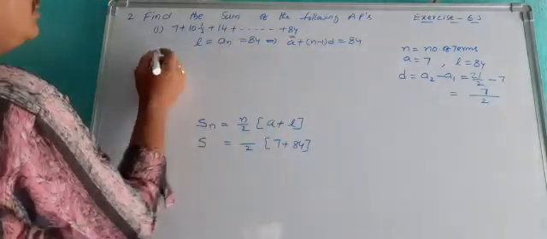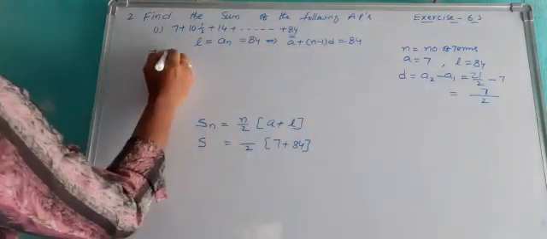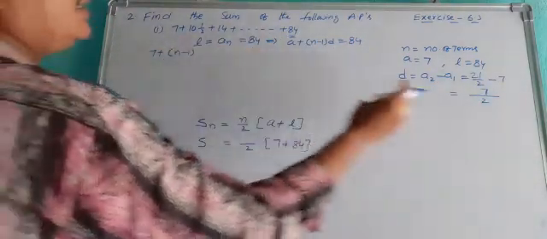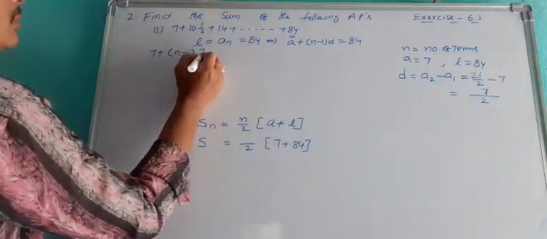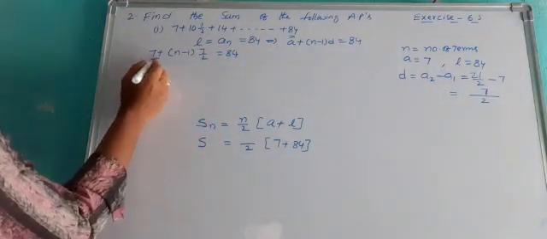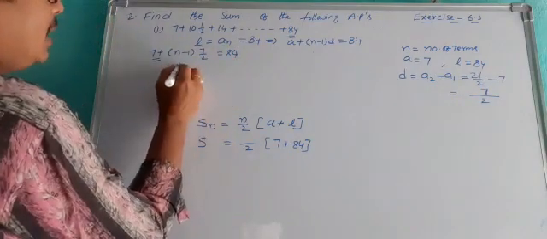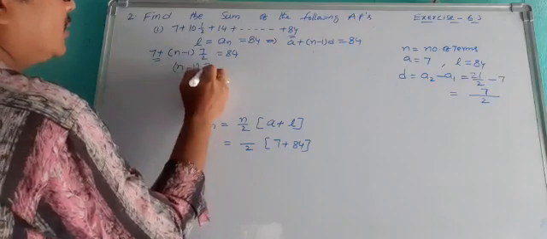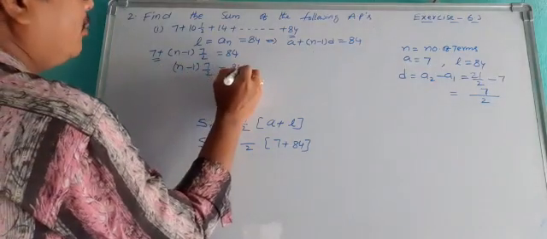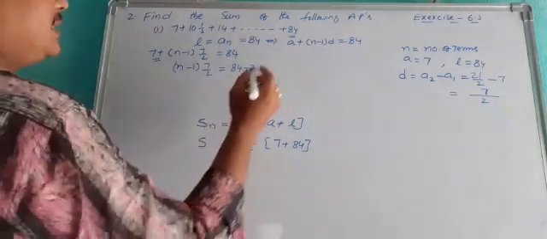Here a equals 7, so 7 plus n minus 1 into 7 by 2 equals 84. This plus 7, on transposition, becomes minus 7. So n minus 1 into 7 by 2 equals 84 minus 7, which equals 77.